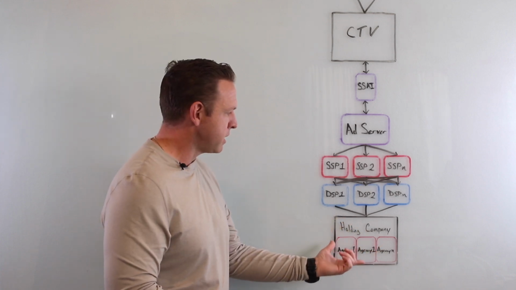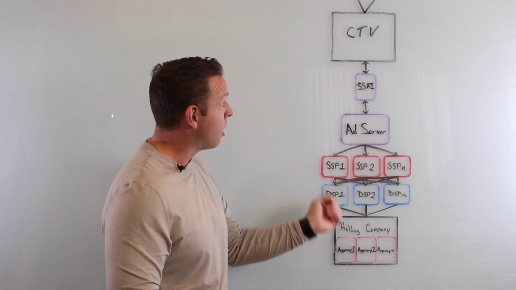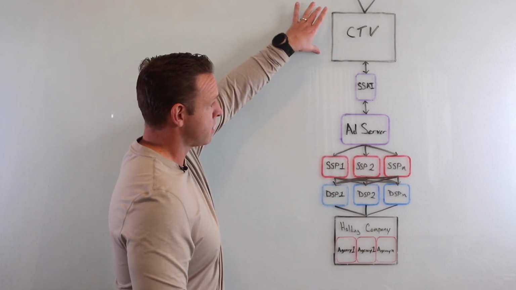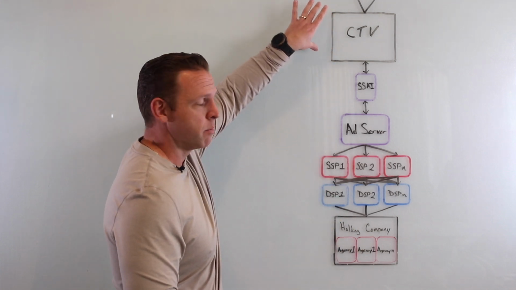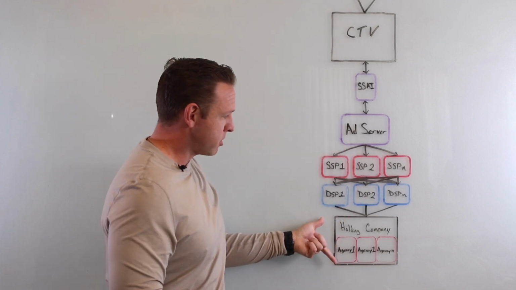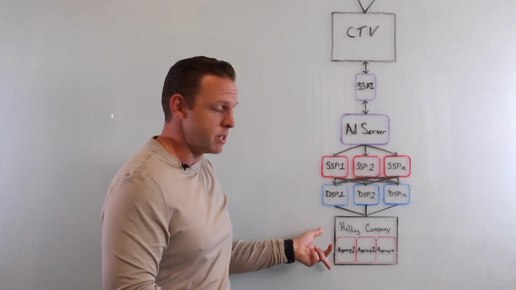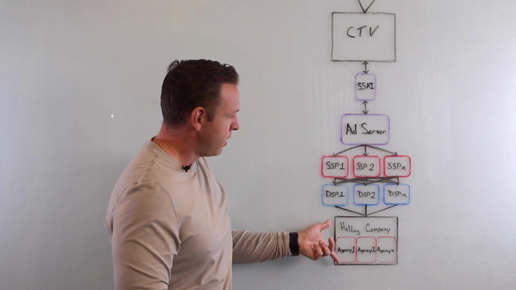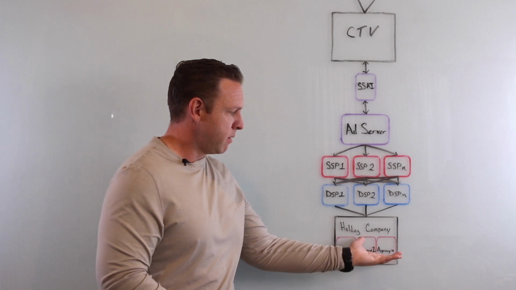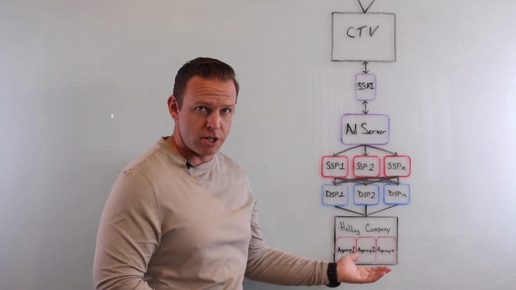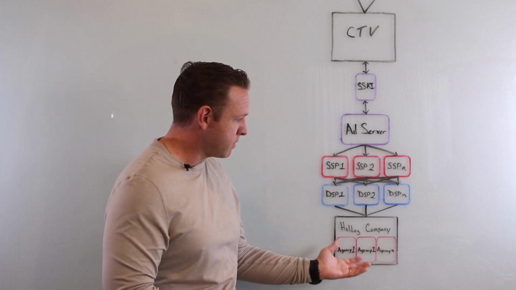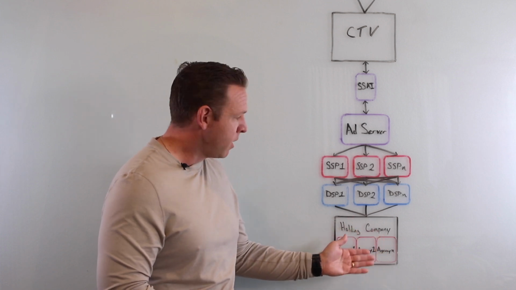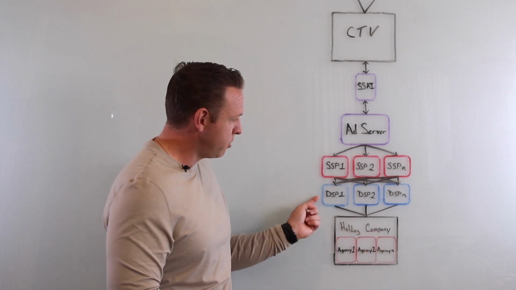The DSPs themselves, their customers aren't the publishers and the CTV streamers, the broadcasters, etc. They're actually the holding companies and agencies down here at this level. So all of the monetization that's coming from the brands themselves comes at this level, and it goes into the DSP.